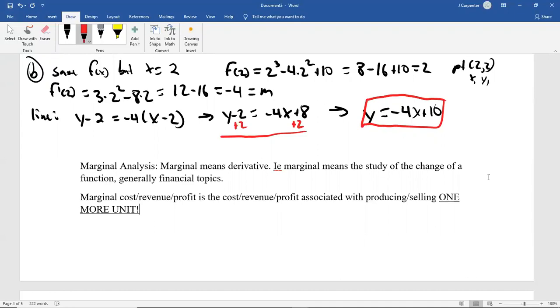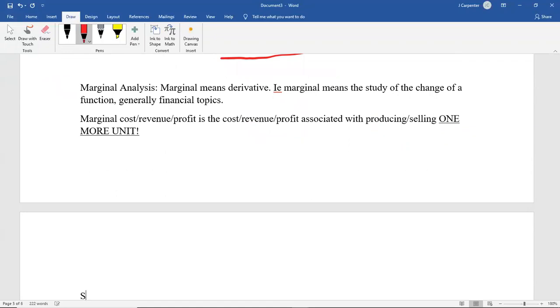All right, let me start fresh. Our cost to produce 50 units was $1,000. So say the cost to produce 50 units is $1,000. Boss asks, what is the marginal cost at this point?